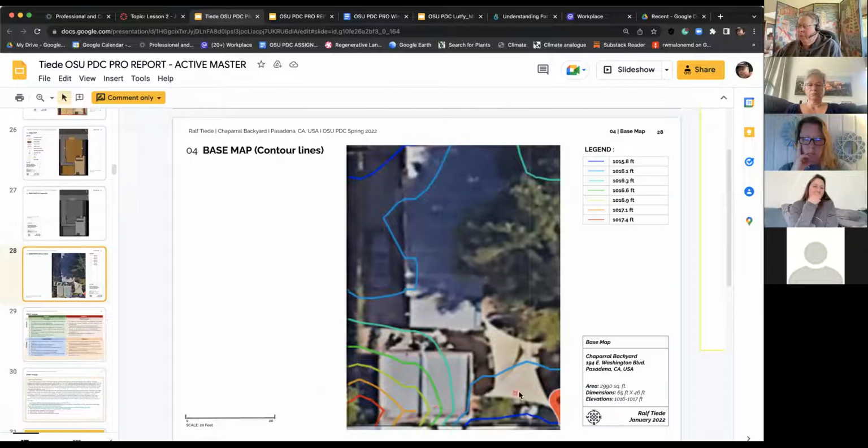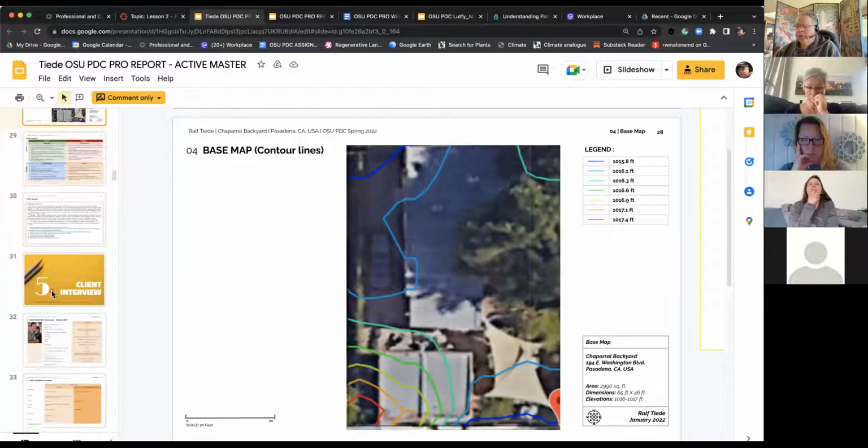Now here, if there was more land available, you can see an interesting pattern developing with these contours. And that is something that may prompt a creative thought, either with some rainwater harvesting structure or planting.